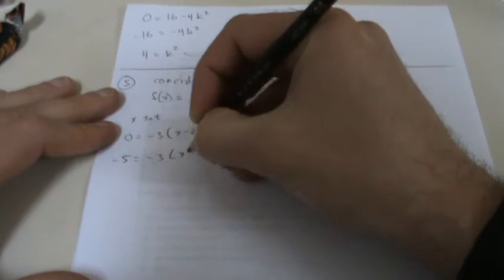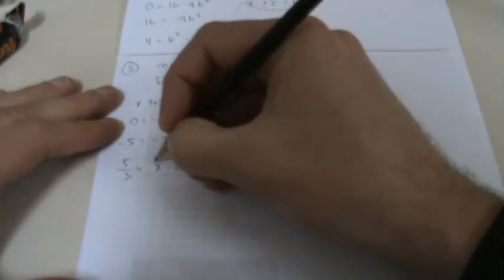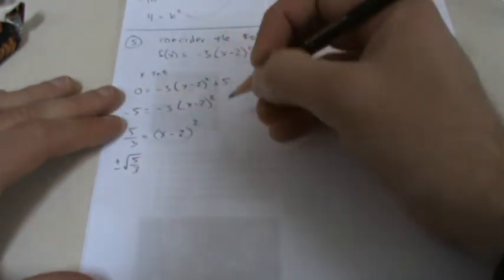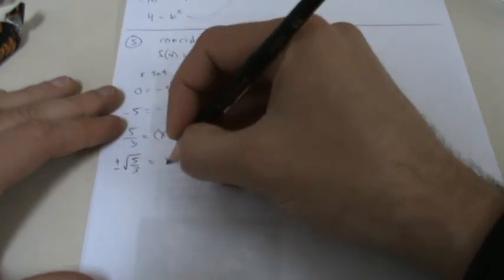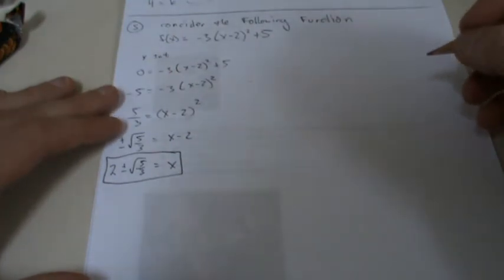So I'll set y equal to 0. I will subtract 5. I'll divide by a negative 3. Take the square root of both sides. I will add 2. These are my x-intercepts.